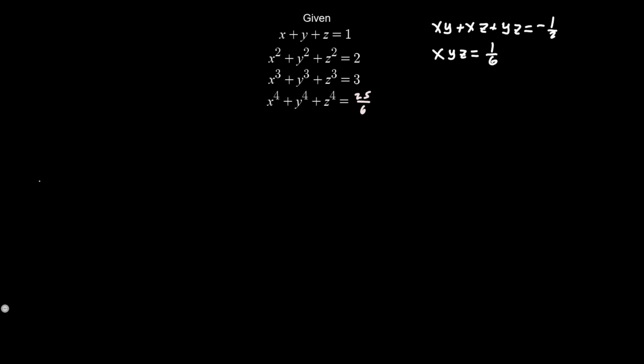So to use Newton's sums, we have S sub n, and that is equal to x to the n plus y to the n plus z to the n.